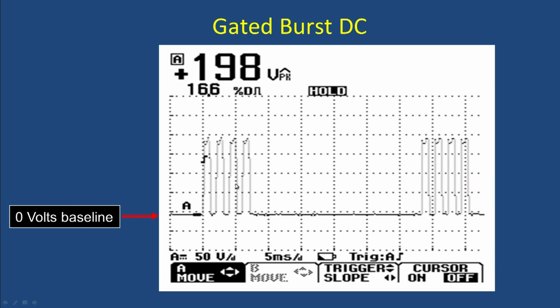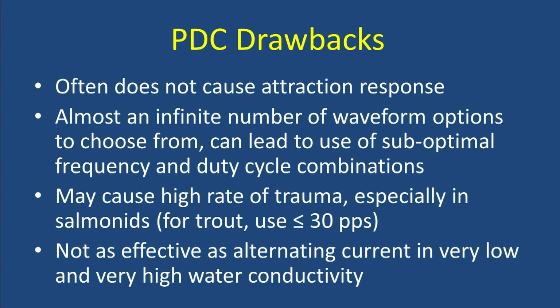So that was the idea behind that, and a lot of these units do have gated burst or pulse trains or CPS, and they go by a number of different names.